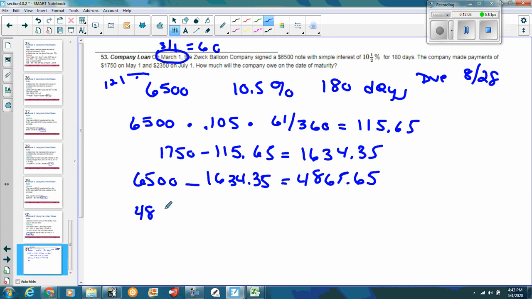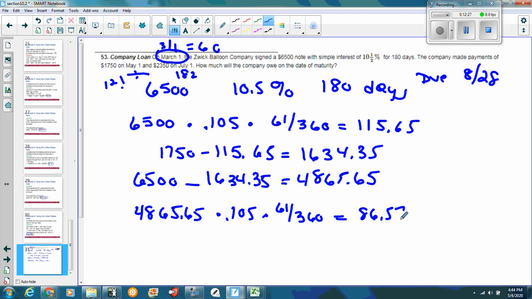So now they make another partial payment. So you use the new principal number times the 0.105 times how many days is it? How many days from May 1st to July 1st? That's day 121. This is day 182. So again, it's 61 days. So you do 61 divided by 360. You multiply those all together and it comes out to be $86.57.